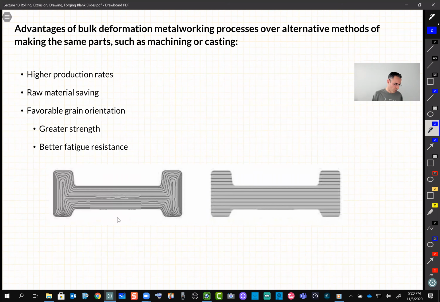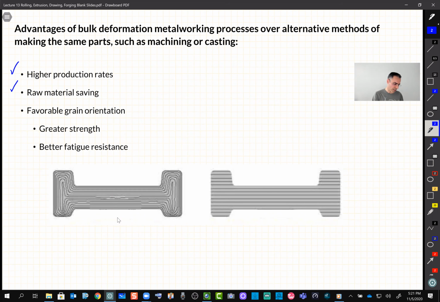Other factors that we can mention for forging: there is a high production rate. The process usually is automated and fast. Unlike casting, we don't need to wait for solidification. You saw the logic of why we save material.